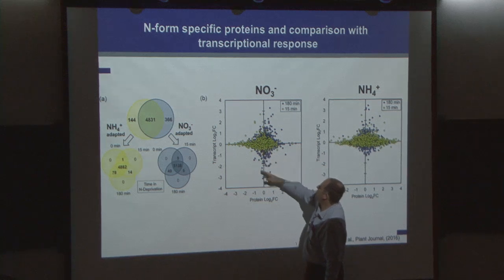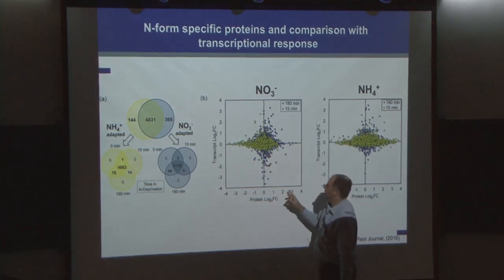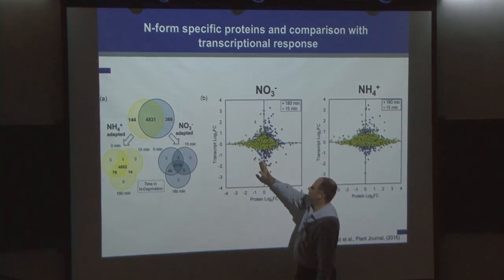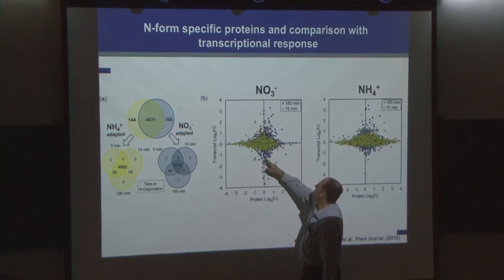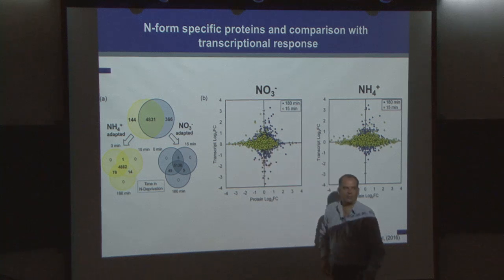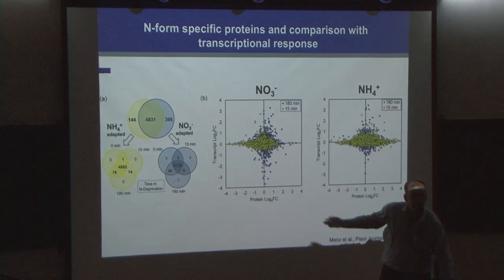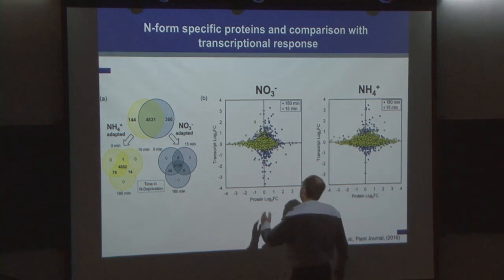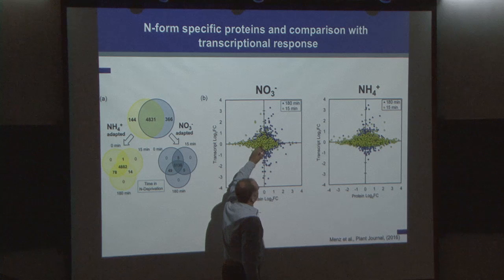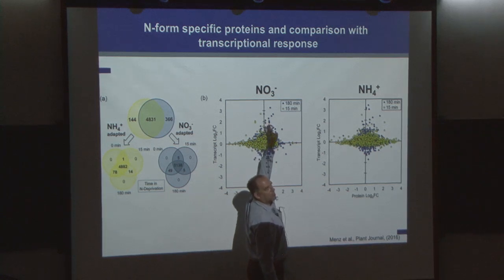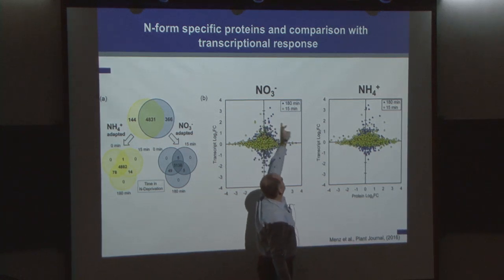When you look at how much the protein of these was changing, you see that it does not correlate very much. What I expected initially, and what is never found in this kind of analysis, is that when the transcript goes up, you would expect that after a while the protein also goes up.